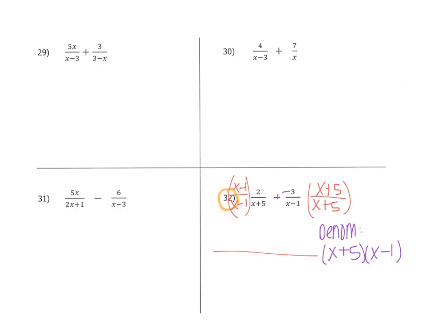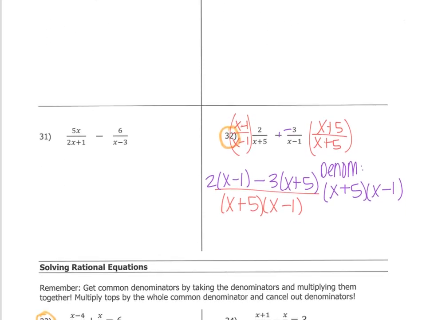Make one big fraction with one big denominator. And think about how to write your numerator. On the top we have a 2, parentheses x minus 1, minus 3, parentheses x plus 5. Remember, from here you distribute and combine like terms.